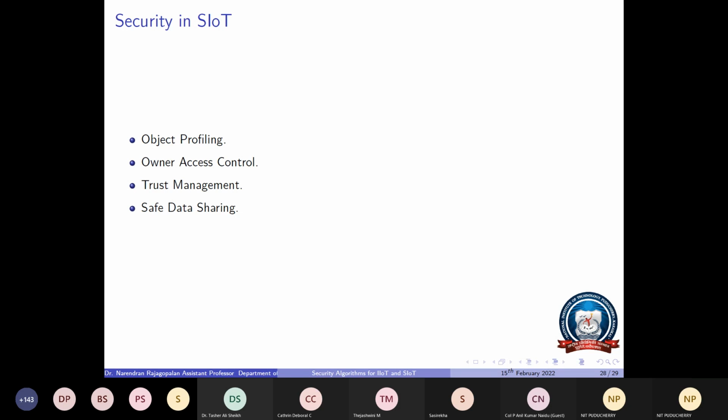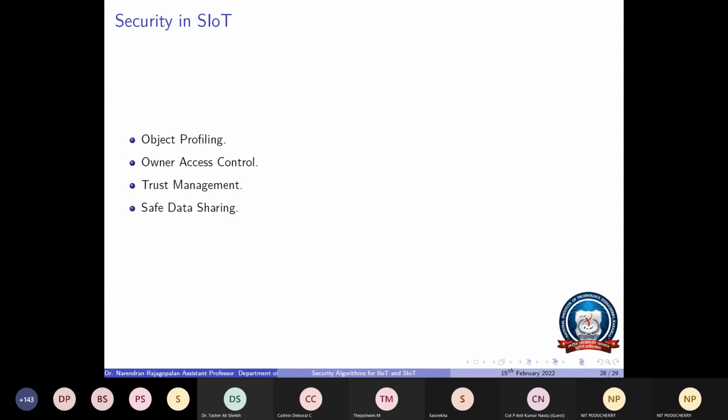Apart from those algorithms, there is also object profiling, owner access control, and trust management, in which the social network objects, or things as we call them, need to be profiled properly. If we are not able to profile them properly, or not able to set the owner access control for the devices, the settings for all these devices, and have a properly defined trust management module in place, then SIoT will not work.